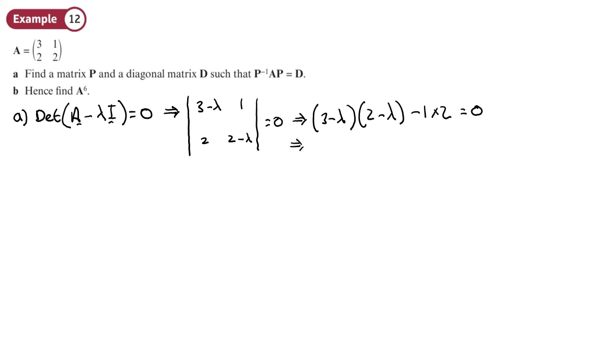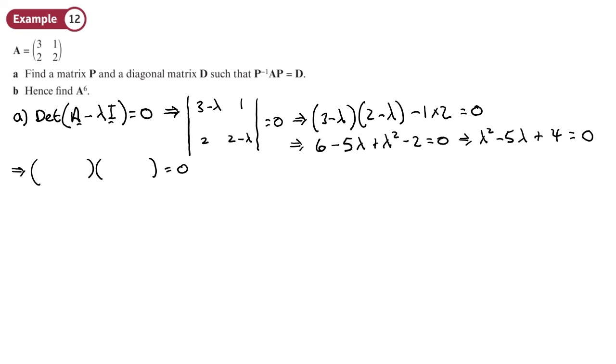So that will give us 6 minus 2 lambda minus 3 lambda, so minus 5 lambda plus lambda squared minus 2 equals 0, and that gives us lambda squared minus 5 lambda plus 4 equals 0. So this will factorize. It's going to be 4 and 1 in the brackets, and we want minus 5, so it'll be minus 4 minus 1. So our values of lambda, our eigenvalues, are 4 and 1.